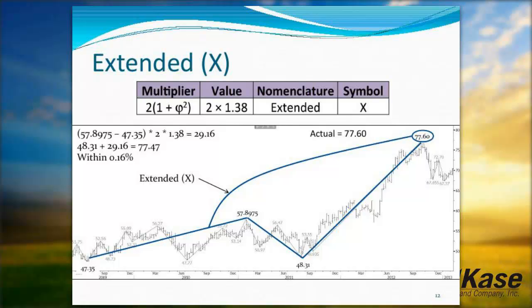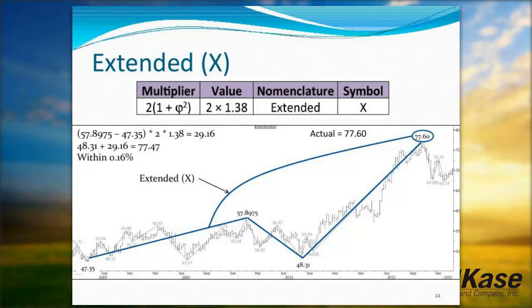Very rarely do we see markets extend beyond the X or the extended wave C projection or the trend terminus without a major pullback or correction. So this is kind of the lowest of the low targets that we look at in most cases.